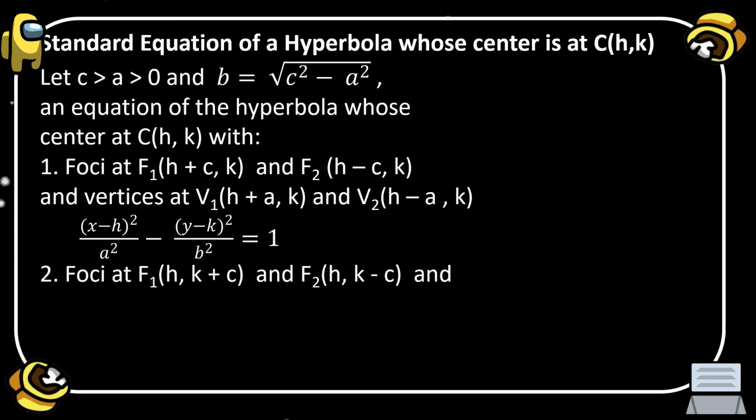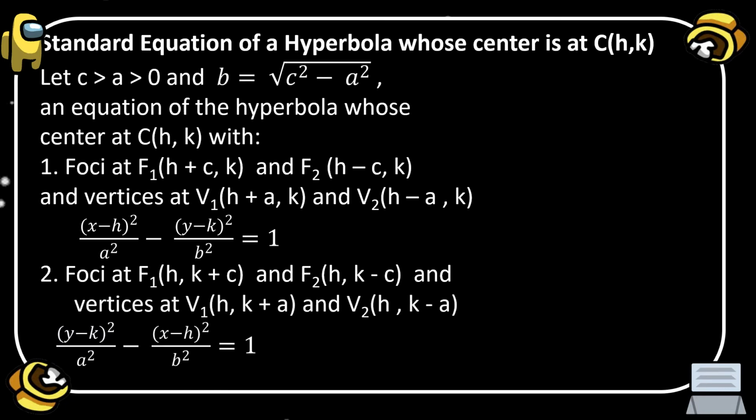Okay, the second formula that we are going to use for hyperbola. The foci, F1, the coordinate of H, K plus C, and F2, coordinate of H, K minus C. So, kung imong tan-awon si H, same of value, while si K, may change. Then, tanawa po si vertices.